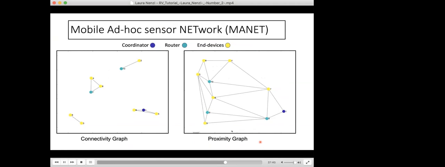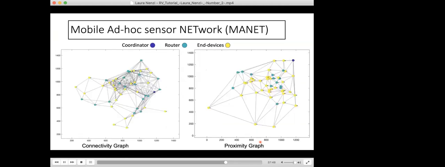Instead, the proximity graph is always connected. All the nodes are in some way connected in the space. If you are considering many more nodes, you can see that the situation is different, and it is the connectivity graph that has many more connections. Instead, the proximity graph will always remain with the same proportion of connections.